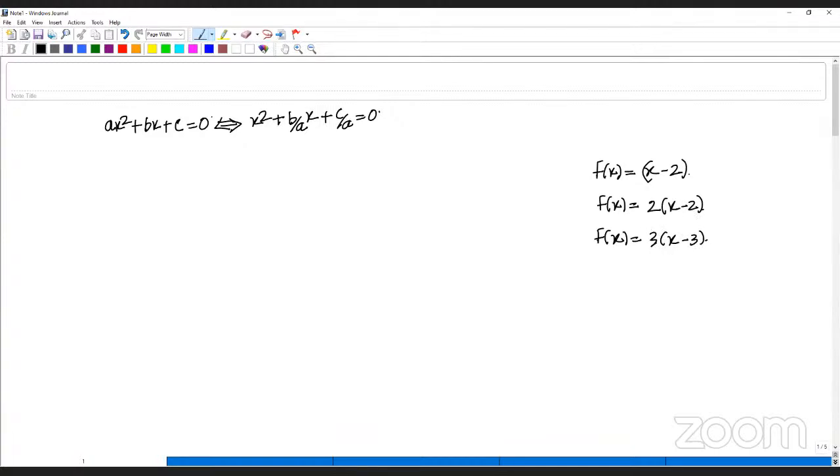I'm just multiplying some constant with that equation, so basically this will give me the same roots. Does it give the same graph, sir? No.